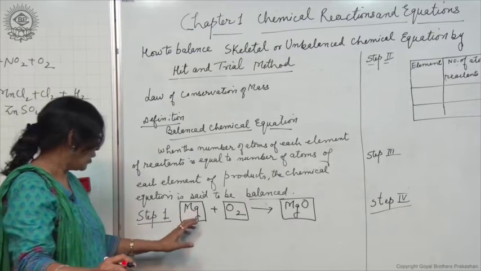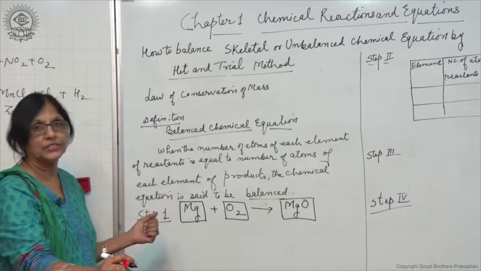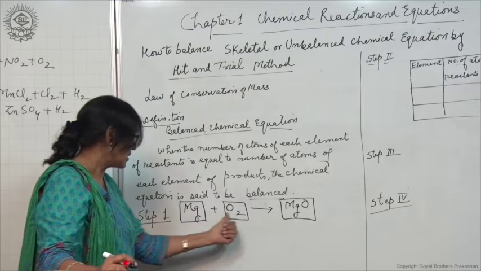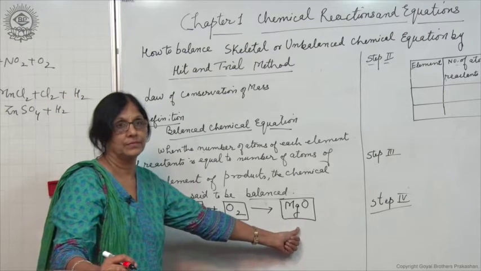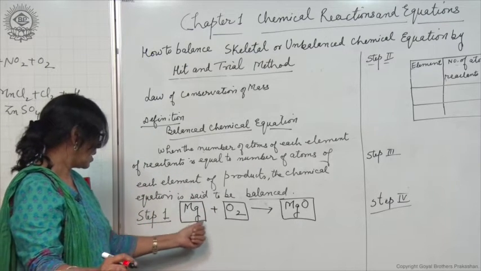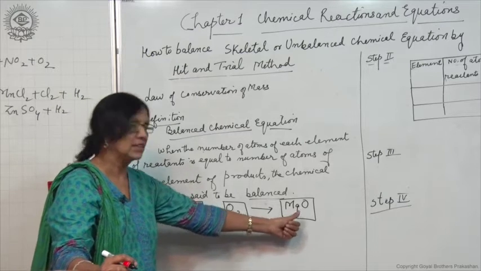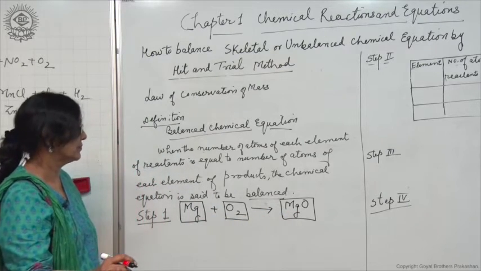We cannot change the formula or the symbol to balance. Nothing can be written inside the boxes. So first step is to draw the boxes outside the symbols and the formula of the reactants and the products.